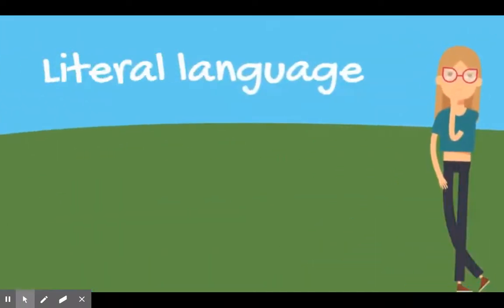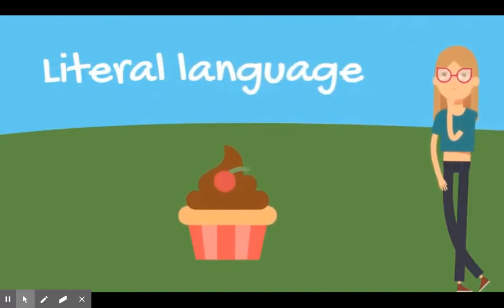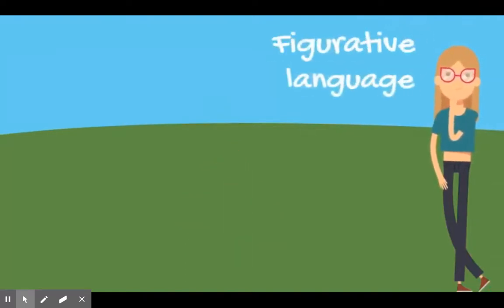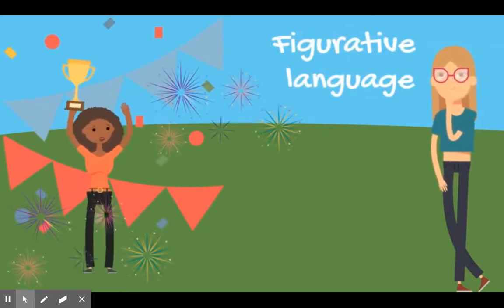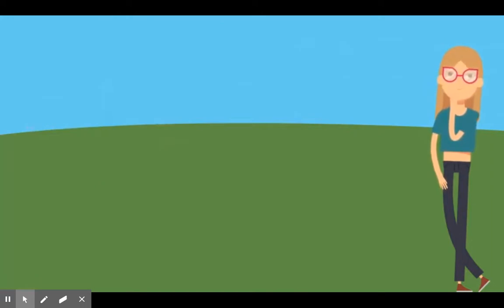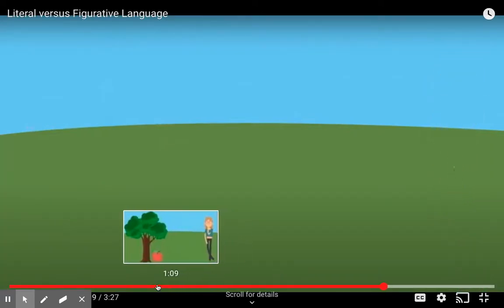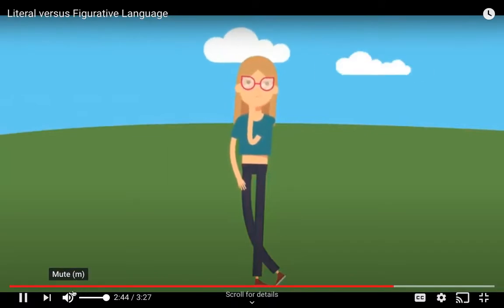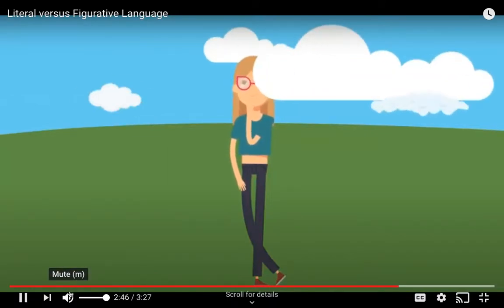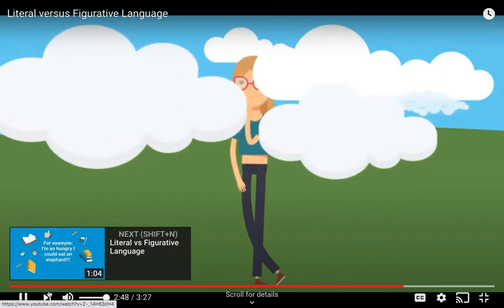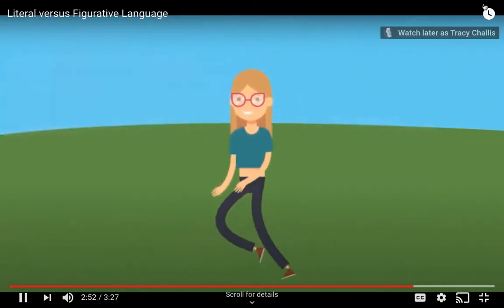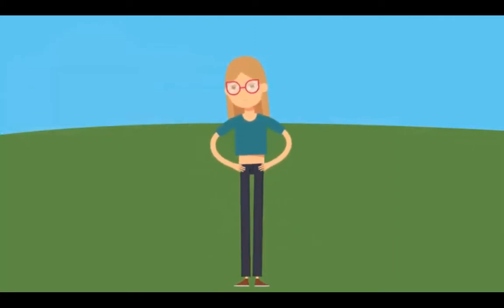In a literal sense, we are talking about a sweet treat, but in a figurative sense, we are actually saying that something was easy to accomplish. Another example is saying that someone has their head in the clouds. We are not literally saying that their head is surrounded by clouds, but figuratively we are saying that they are being unrealistic or impractical.